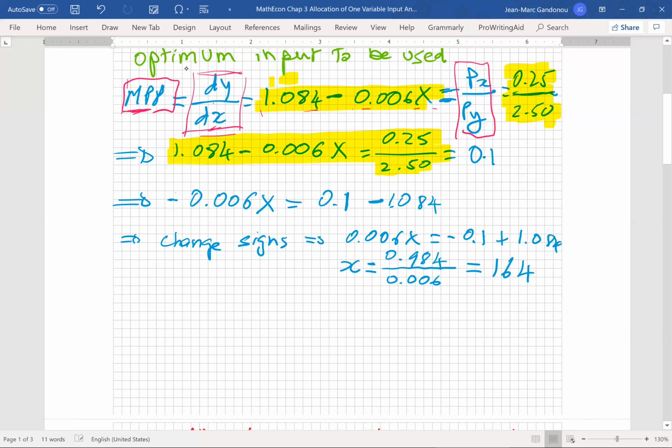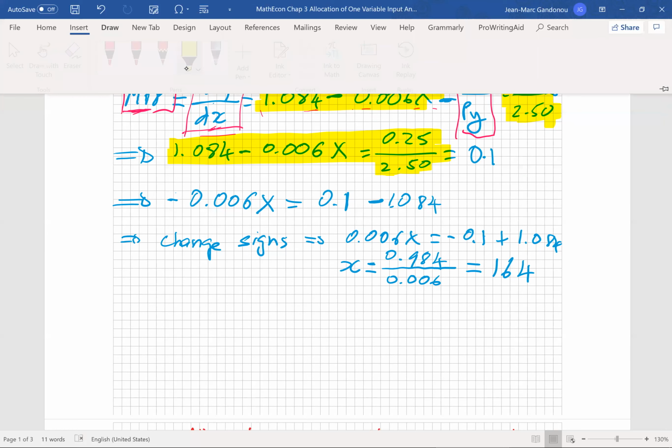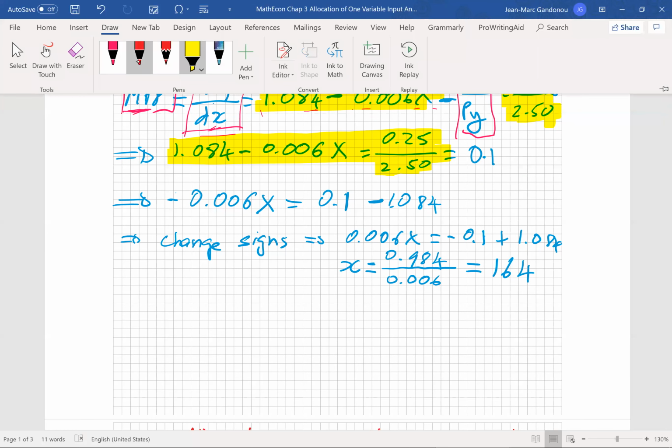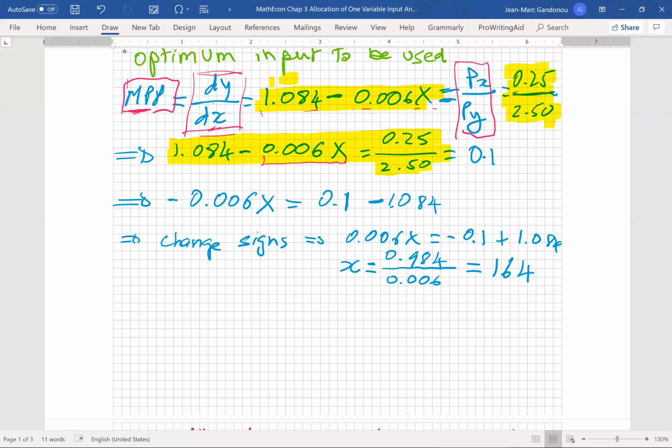So what I do here is that I keep this value here, and I'll leave the minus for now, okay? And this number is the same as this one.